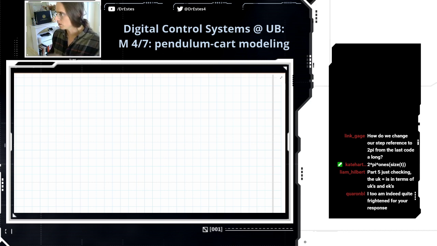So I think during office hours yesterday, I was advising quite a few people to go back and try doing an iteration of the controller by hand.